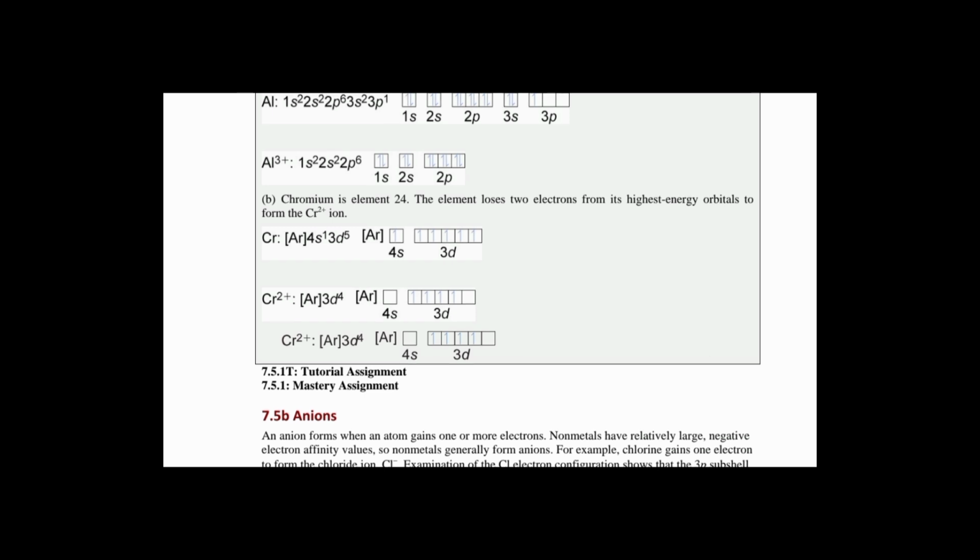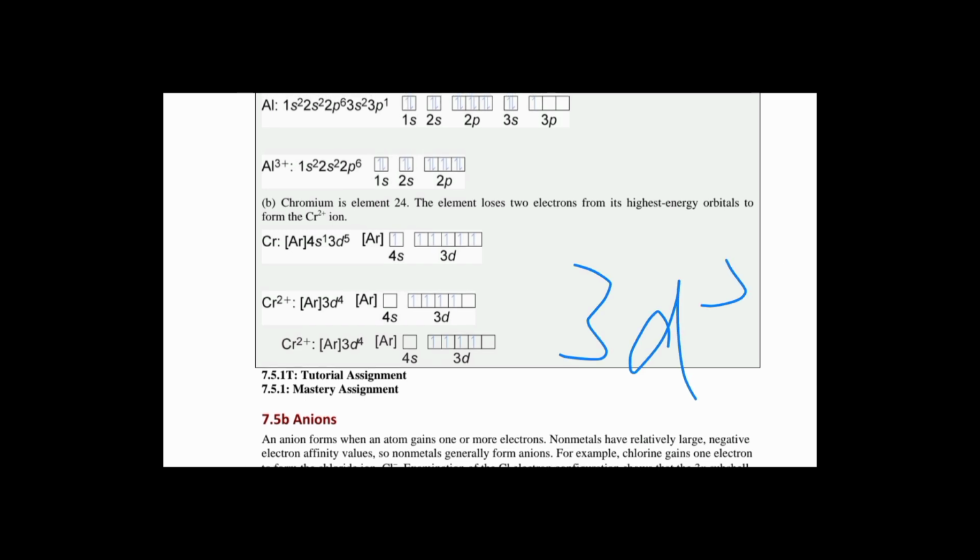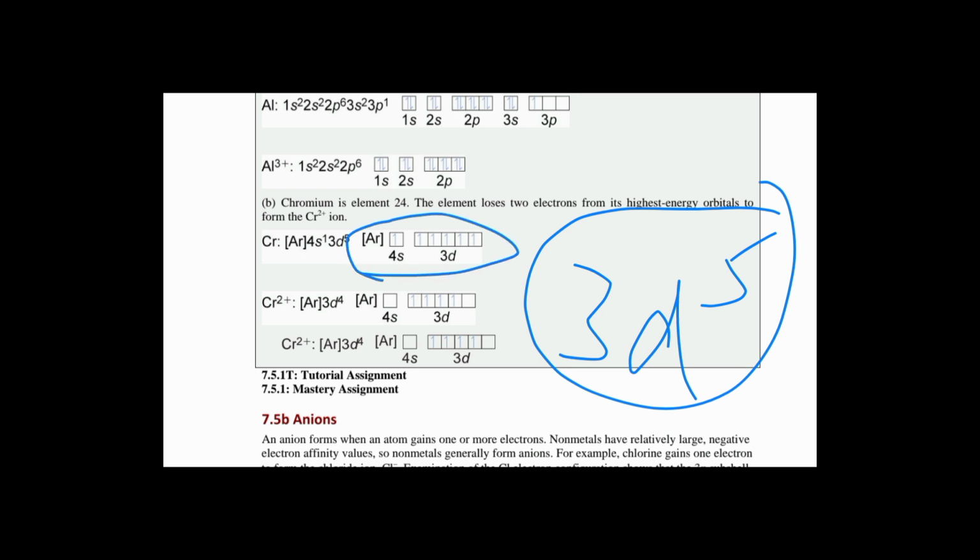But half filled, what is half filled? 3d5 is half filled and more stable. So in place of writing 4s2, we will write it as 4s1. One electron will be shifted to the 3d orbital to make chromium more stable, because it is more stable.